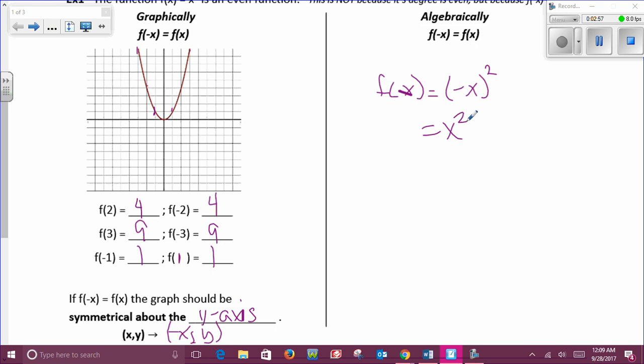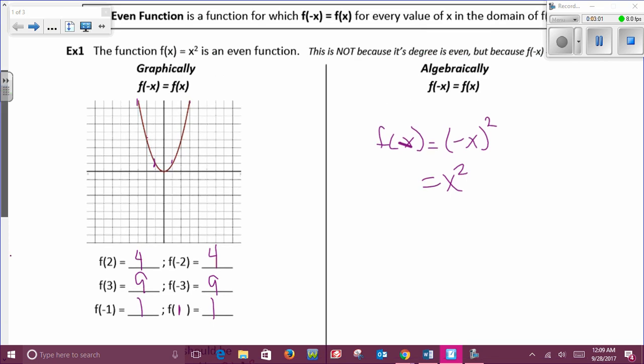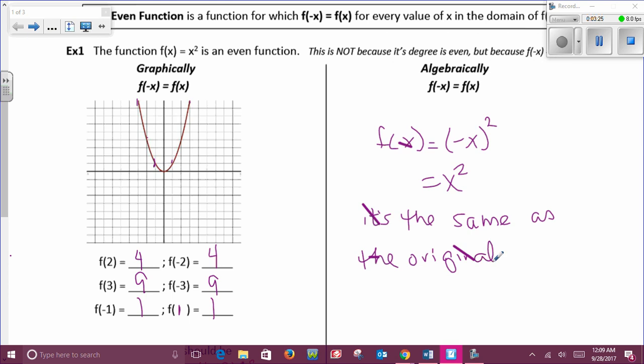Notice that I ended up with the same function that I started with, x squared. So since they are the same, it's an even function. It's the same as the original function.